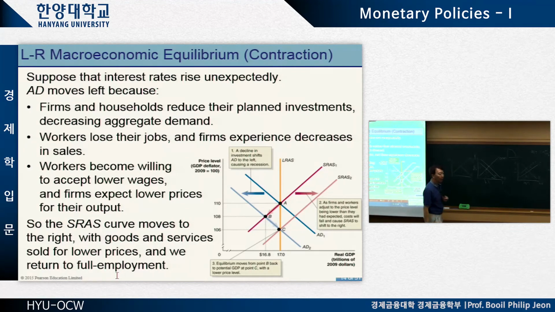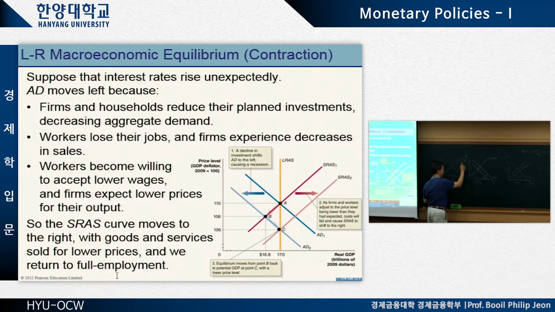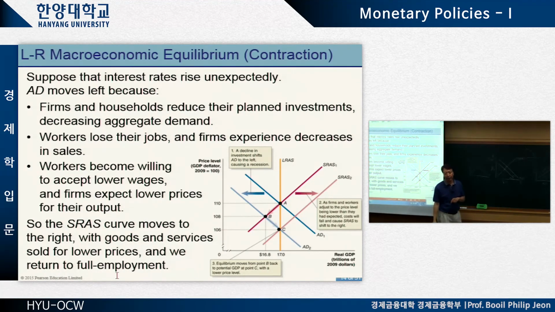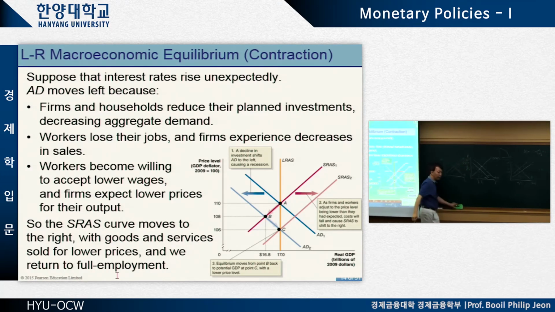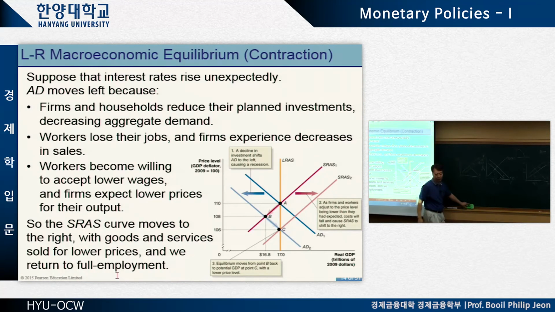But now workers realize, let's say this was the initial price level, but after the economy moves to this point, everything is cheaper, right? So they can increase the labor supply. Labor supply will increase at the lower price level, right? Why?